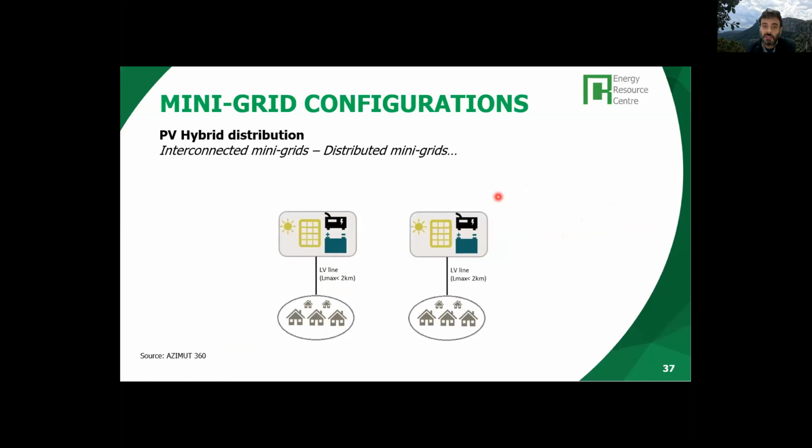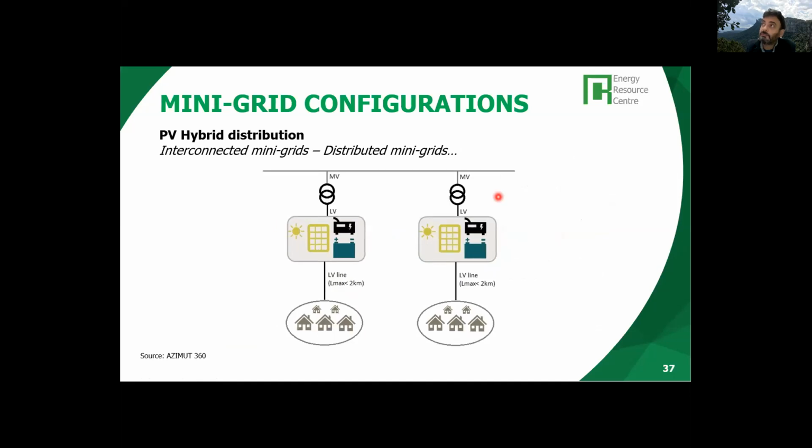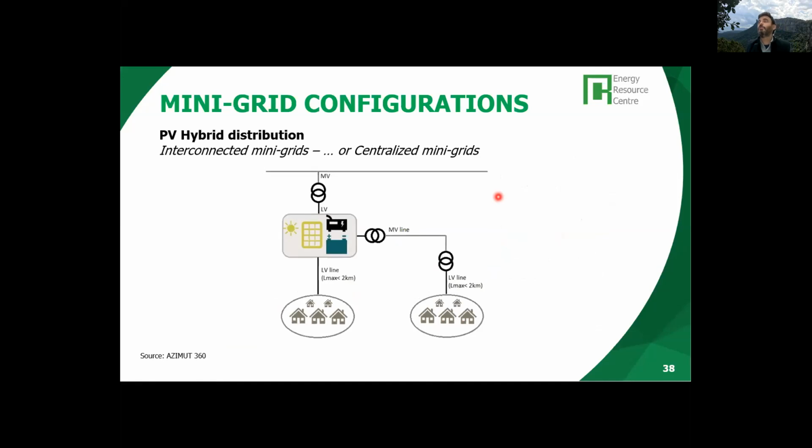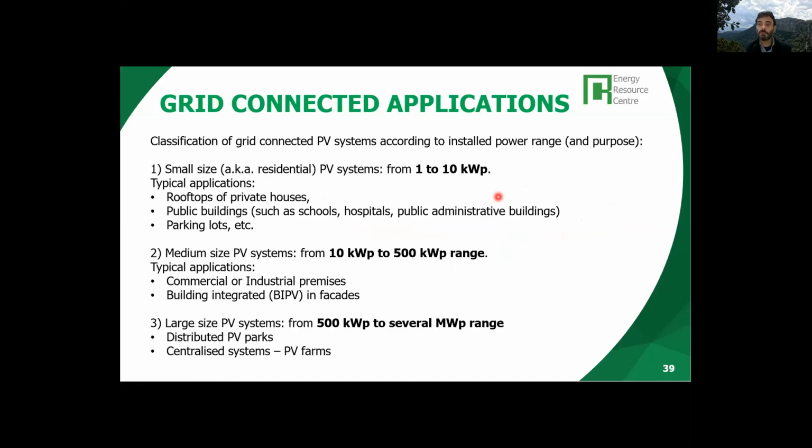Remember also the session we had last week about different possibilities to interconnect mini grids with the grid, either distribution mini grids or centralized mini grids. So all these concepts, all these possible configurations, we need to consider before we go for the pre-sizing. We need some clarity on that.